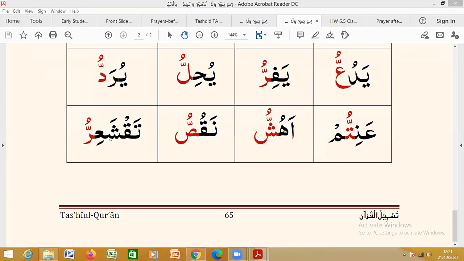Okay, what letter is it? No, it has 3 dots on top. Sheen. Yes, it's sheen. And then what does it have on top of it? It has a fatha, doesn't it? So how would you say that? Sheen with a fatha. Sha. Taqsha. Excellent.